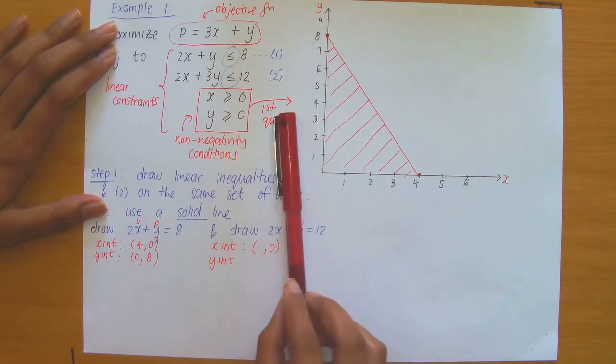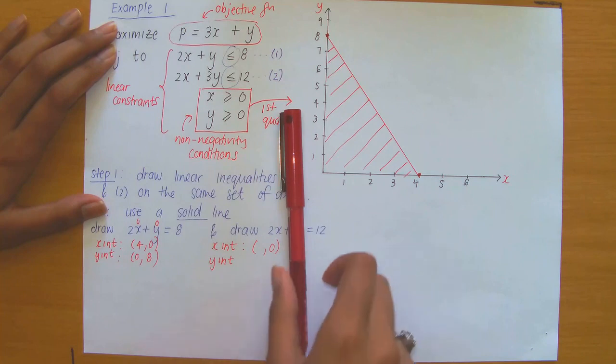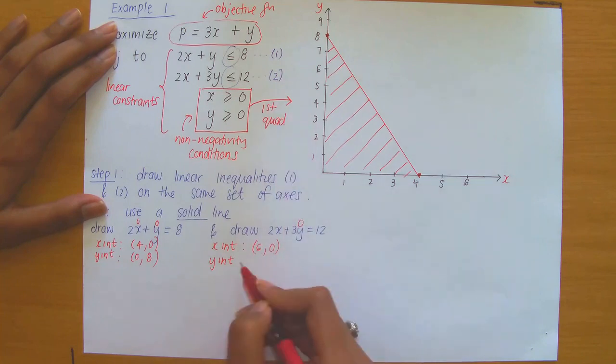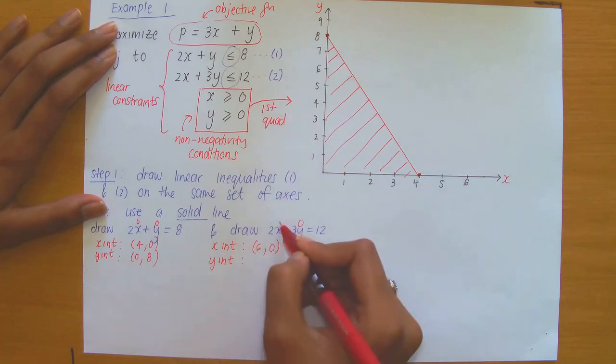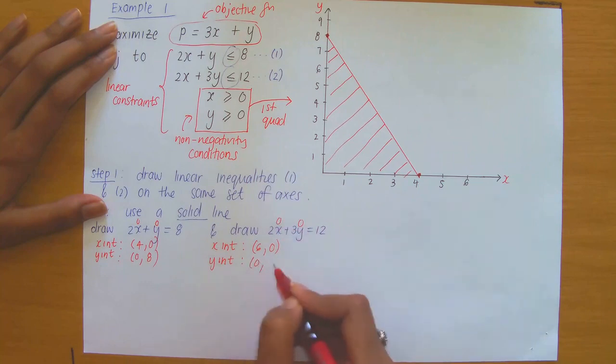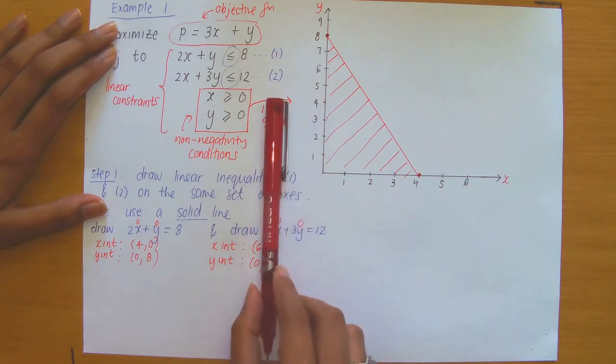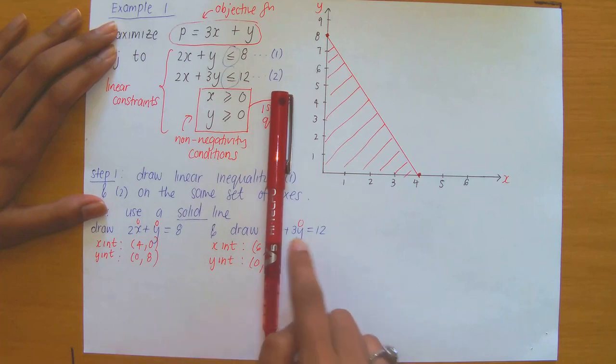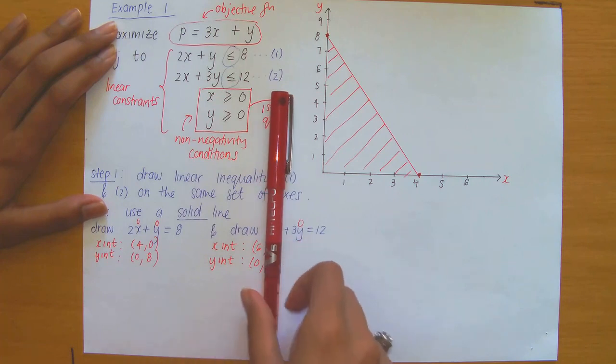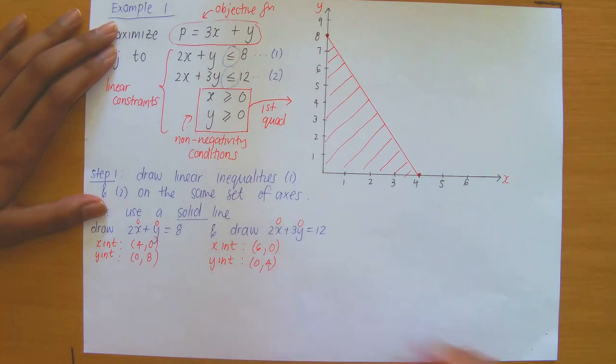So that term disappears and I'm left with 2x equals 12, which means x equals 6. When I'm finding the y-intercept, I'm substituting in x equals 0. The first term disappears and 3y equals 12, meaning that y equals 4. So I now have the two coordinates.